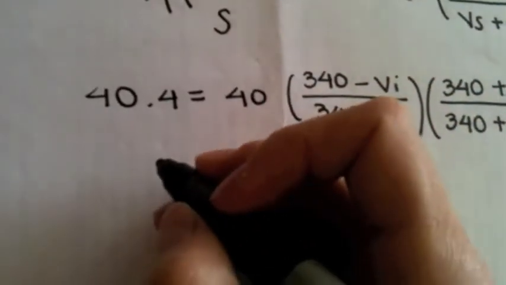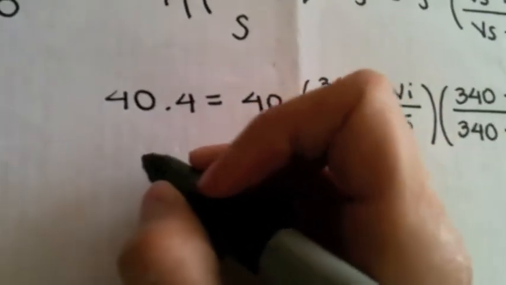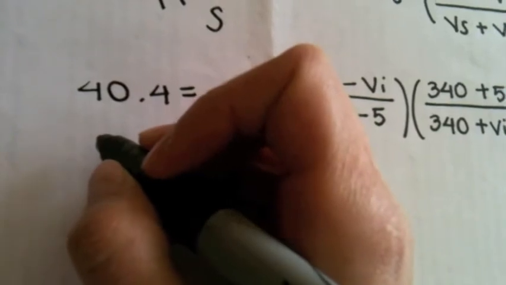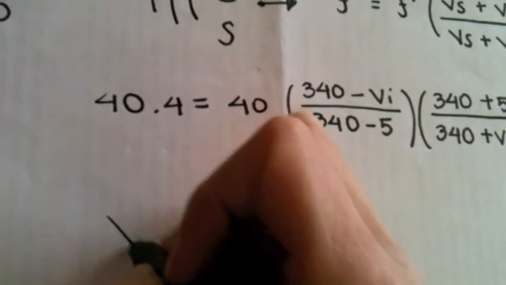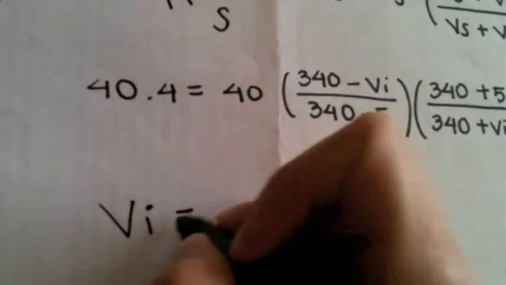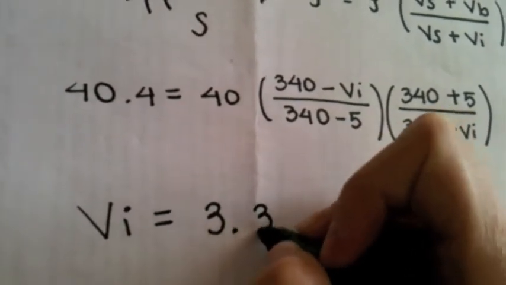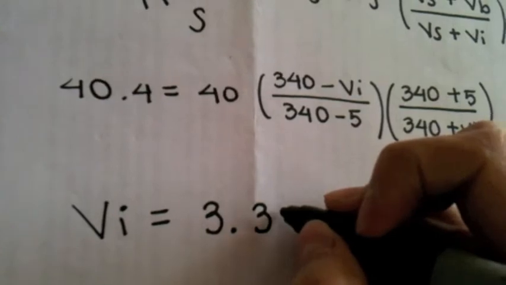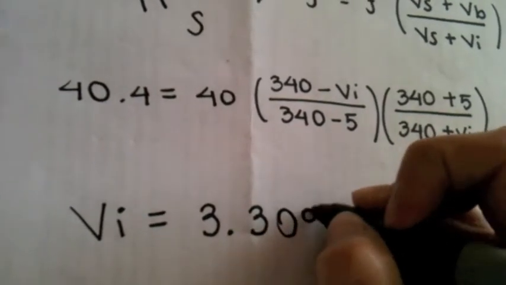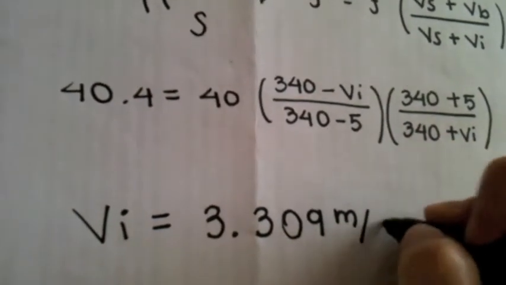And if we isolate V_insect, the velocity of the insect, we get that the velocity is 3.309 meters per second.